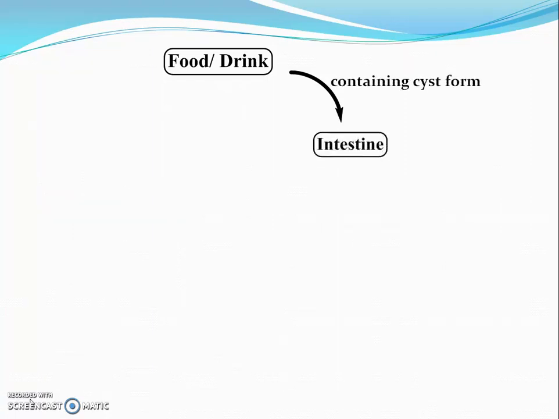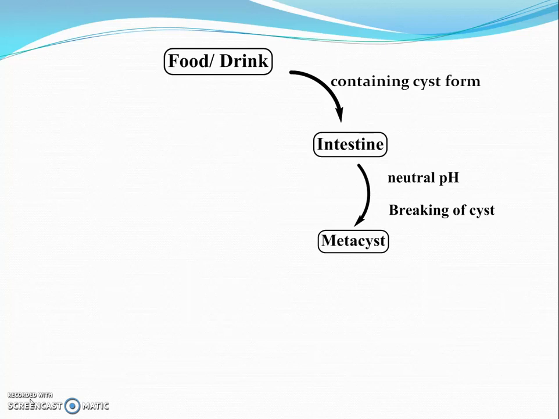Now we'll discuss the life cycle of amoeba. The cyst passes unchanged through the stomach and proximal portion of intestine to a site where pH is neutral or alkaline. At this stage, the cyst increases its activity, ruptures its outer envelope, and escapes as a naked protoplast, that is metacyst, which undergoes cytoplasmic division to form metacystic trophozoites.